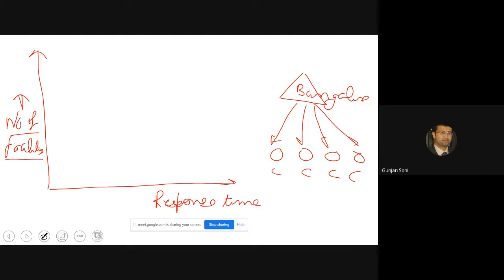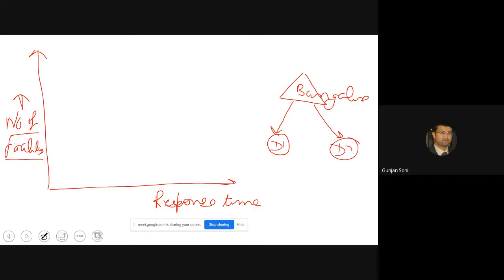On the other side, if we have partners in between, like he ships only to two people, distributor one and distributor two, and each distributor then gives to the customers. In the previous case, since it was directly coming from Bangalore, the response time would be higher.